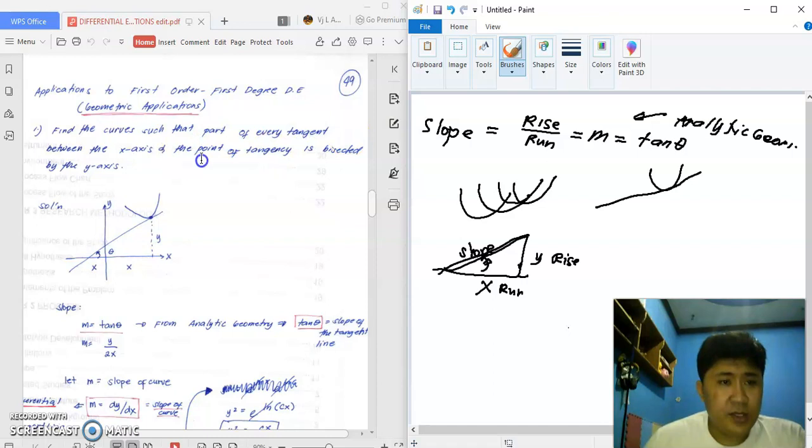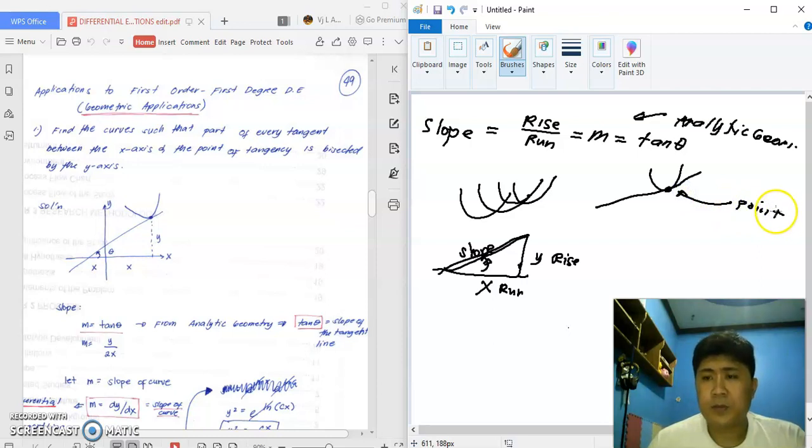Because we could look here at the point of tangency. So therefore, we have a point of tangency. This is your point of tangency.